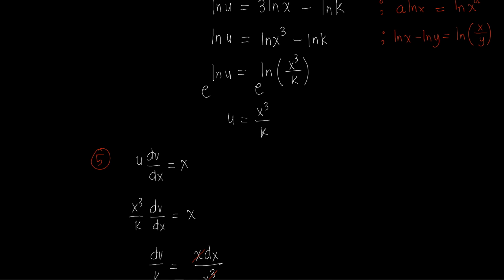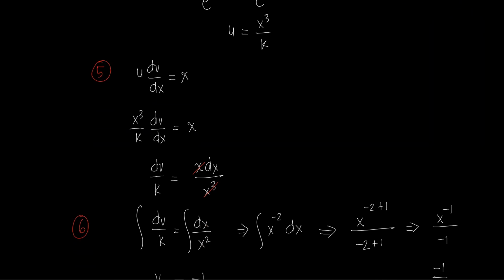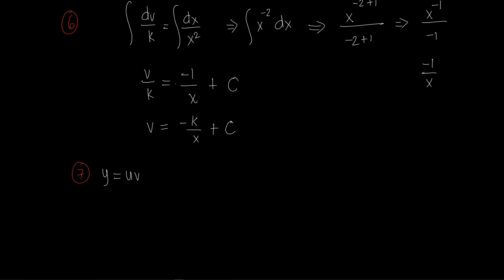U natin is x cubed over k, y is equals to x cubed over k. Then yung v natin is negative k over x plus c. Then, ano bang gagawin natin dito? I-common factor natin ito.